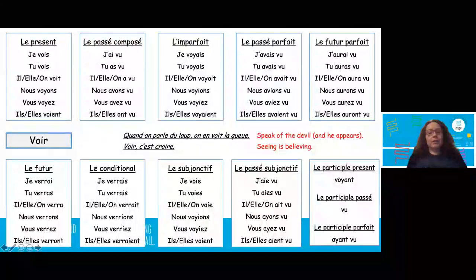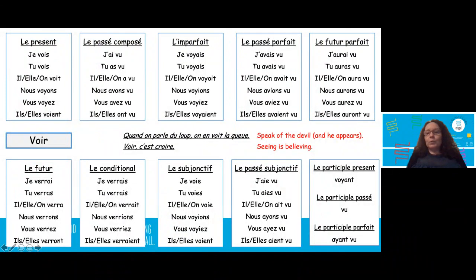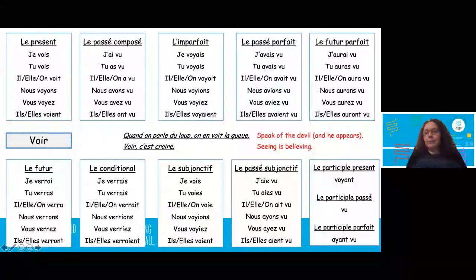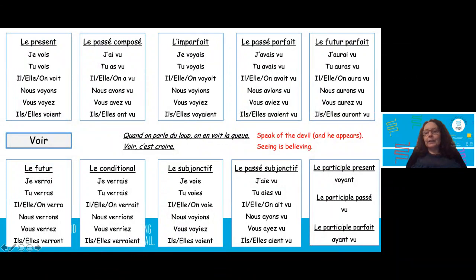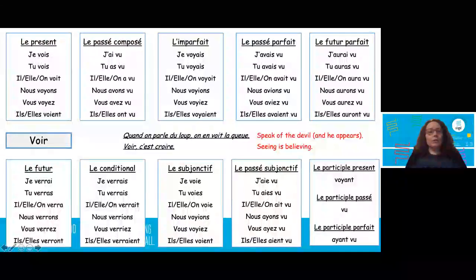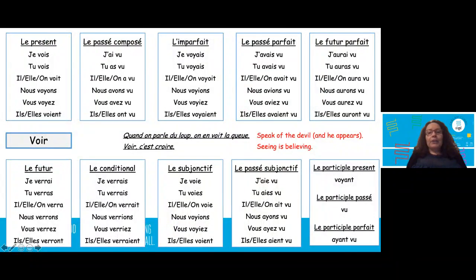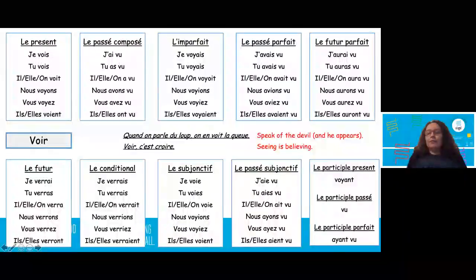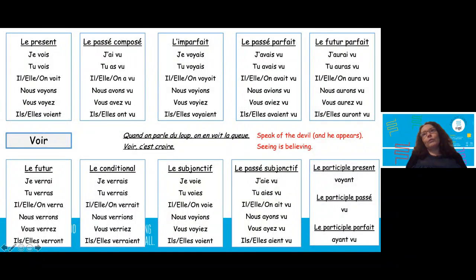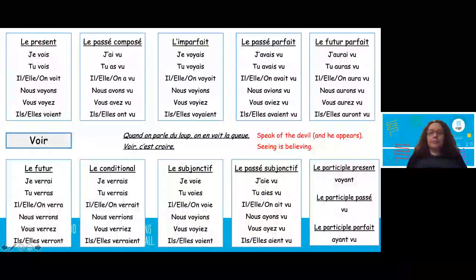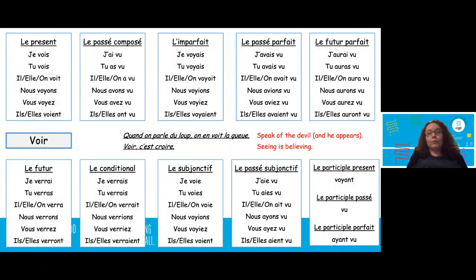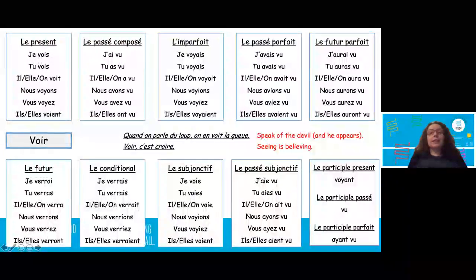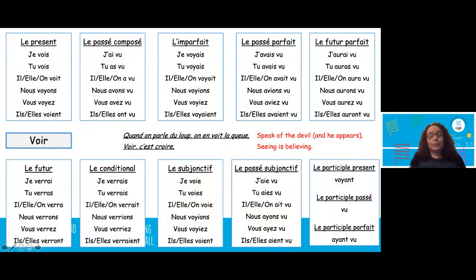So, for example, the subjunctive of voir, and we have here as well le participe présent, so seeing, etc. There's lots of different tenses here, and also in the middle, I just put 2 examples of idioms that include the verb voir. So you could plan something like this for a variety of verbs as part of your revision process.